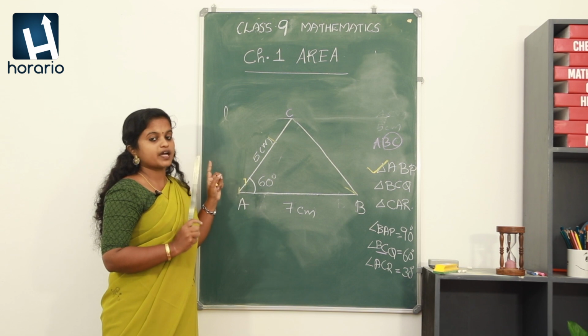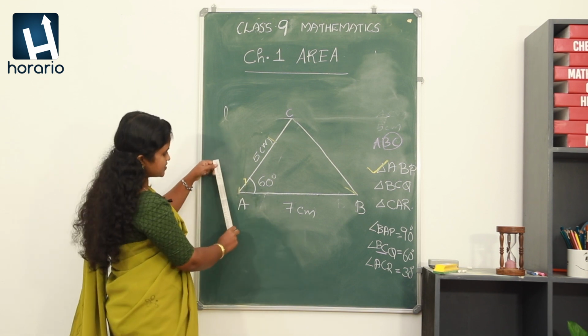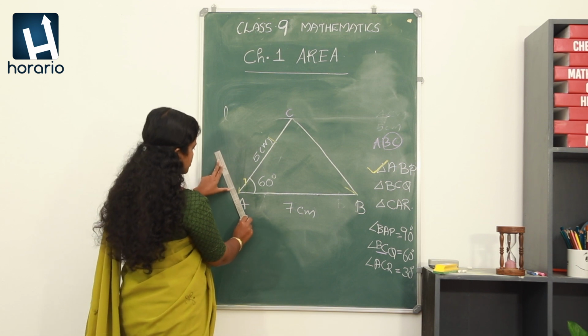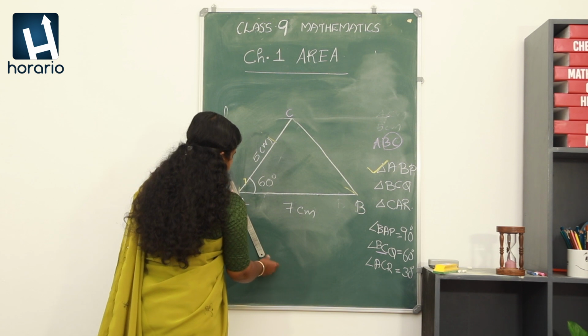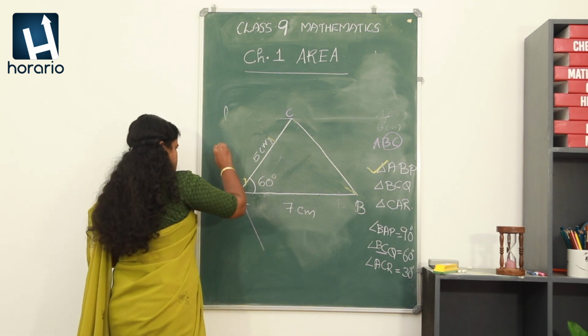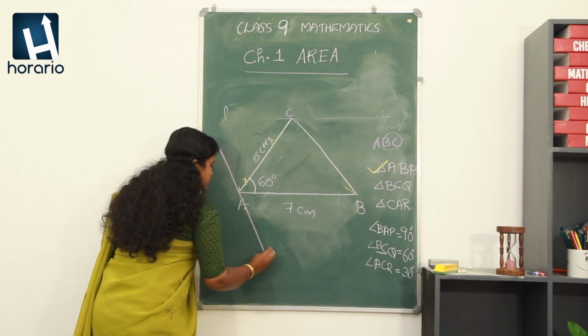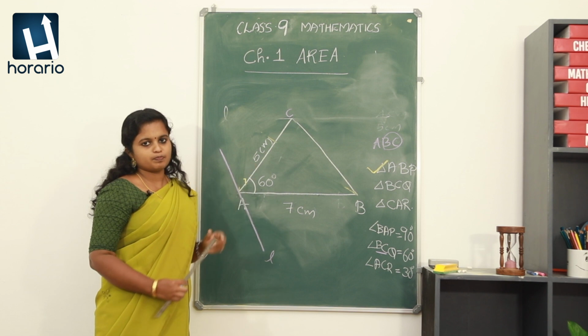Now, what we have to do? We have to draw a line parallel to BC in order to get the same base BC. Okay. So, I am going to draw the parallel line to BC. So, here I got the parallel line L and that is parallel to BC.